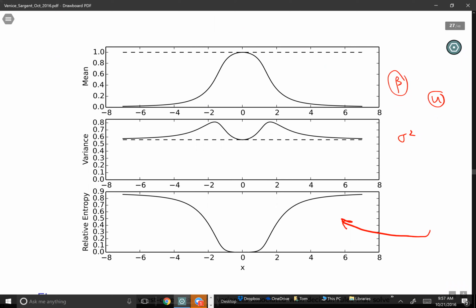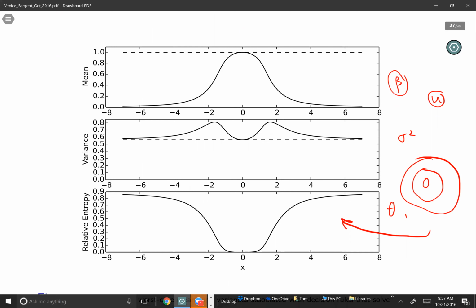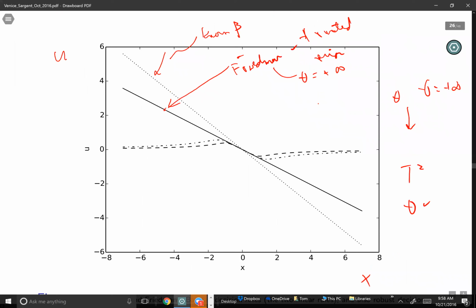It actually asymptotes. So that's telling you something: for a fixed theta, the size of this entropy ball depends both on x and your response. So for a fixed theta, the entropy ball is actually growing. So essentially the set of priors is growing. With that particular parameterization, that's explaining what's going on here.